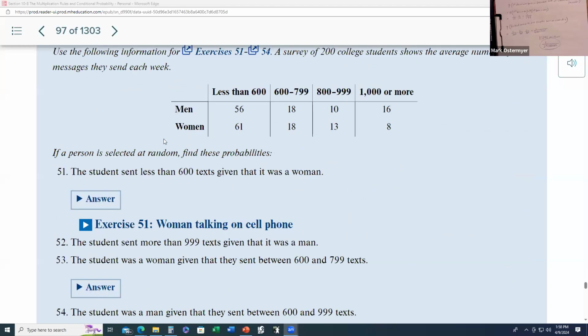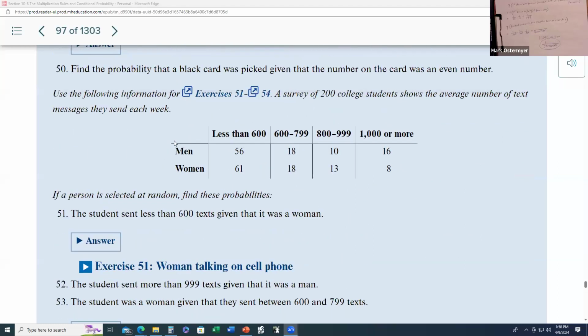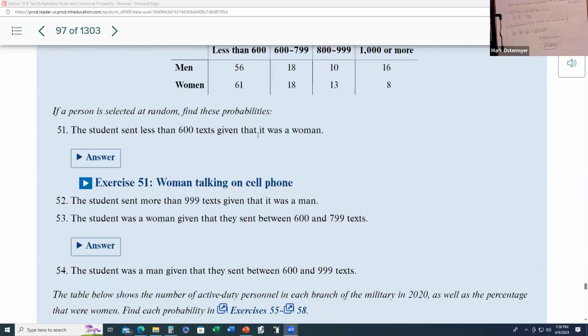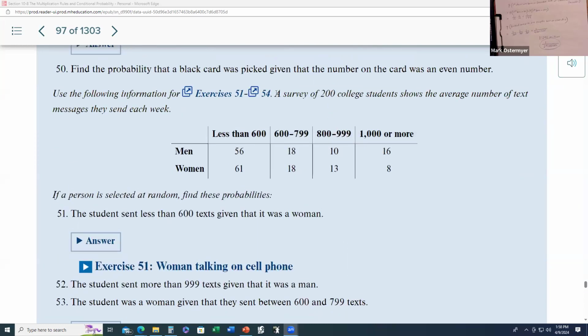And here's a table that's to be used for problems 51 through 54. Do we all see that table there? This is a survey of 200 college students that shows the average number of text messages they send each week.